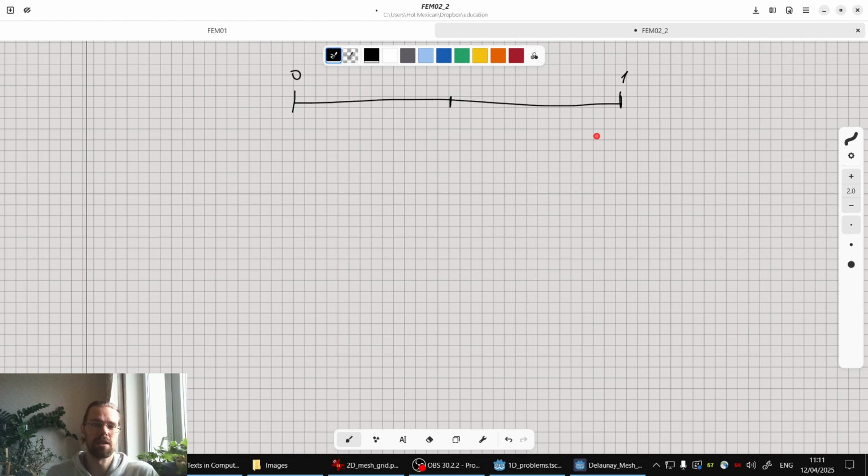Just for clarity, I will pick the middle node, though of course it can be anything. So we will split it. Okay, I will draw the splits. I will call them children.